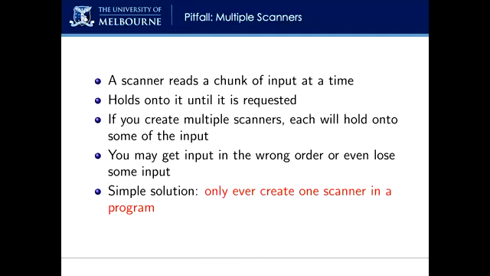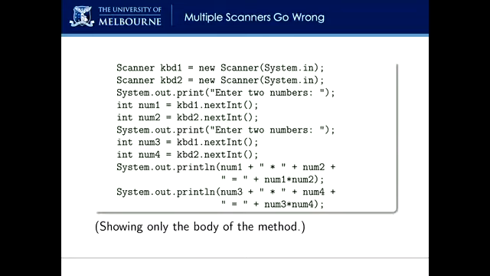So just remember, a scanner reads chunks at a time, holds on to the value until it's requested. You don't create multiple scanners, just create one scanner. Otherwise, depending on how you read from the input, you'll get your inputs in different orders. So just use one scanner, don't use two scanners. Some examples here. This is showing two scanners and going through the different inputs.